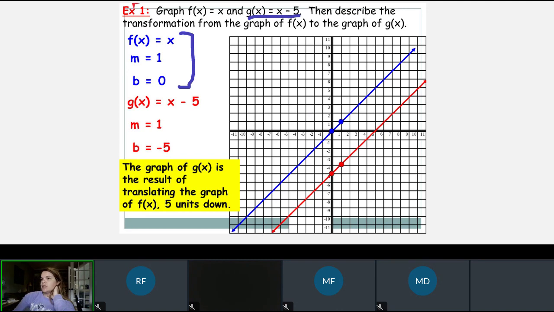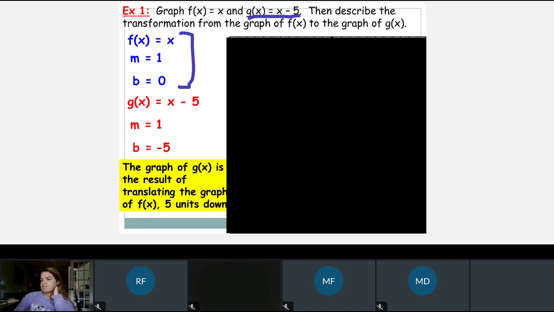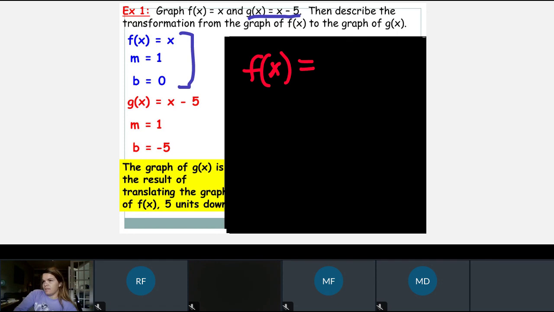That's a really good question, RJ. Let me draw a box here to show you. If you have f of x here, and you have the minus 5 outside the parentheses, it is going to go down.